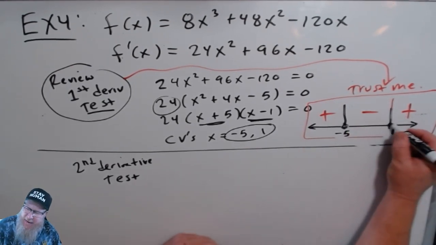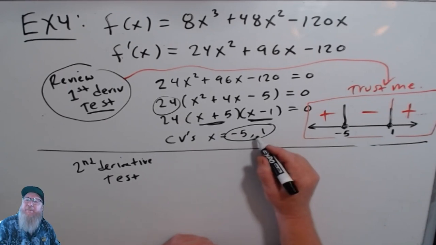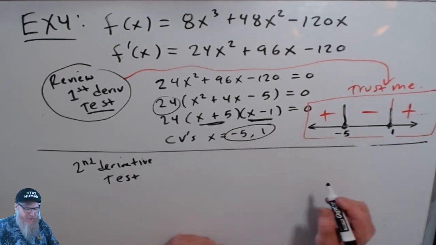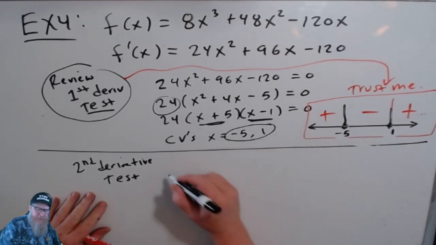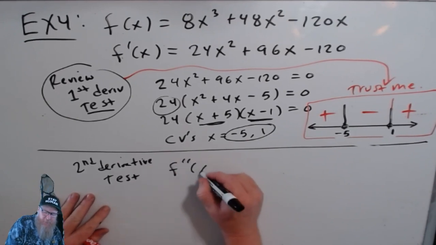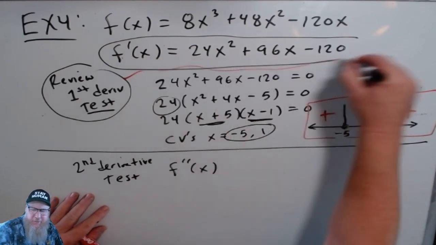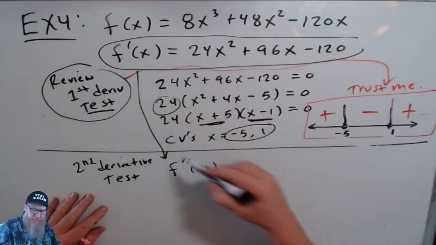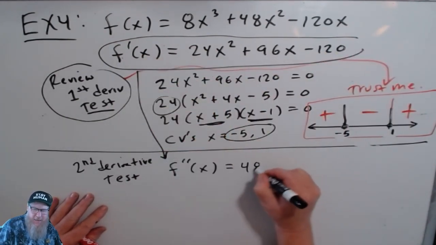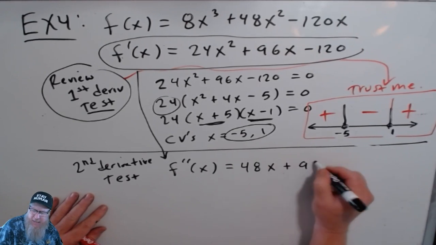So at x equals 1 and negative 5, this is what the first derivative test tells me. So these are my x values, right? I got them in order here. Now let's see the second derivative test. So f double prime of x. Take your first derivative and keep going with it. So now I got 48x plus 96.